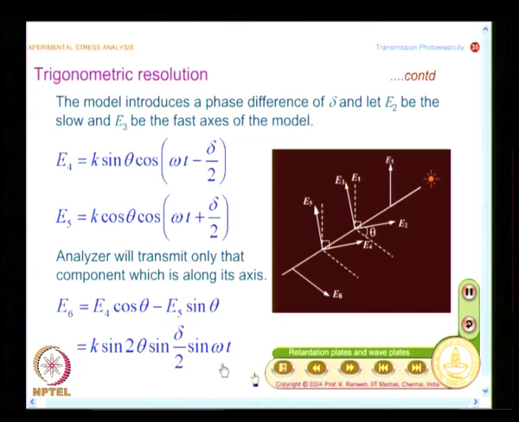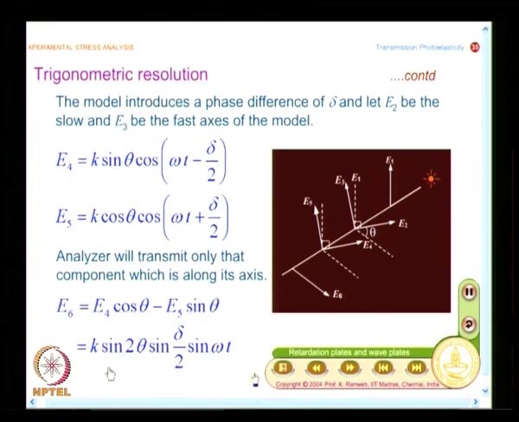So, what we have anticipated is that this should be a function of delta, which is related to sigma 1 minus sigma 2, and theta. I have k sin 2 theta sin delta by 2, both are appearing.